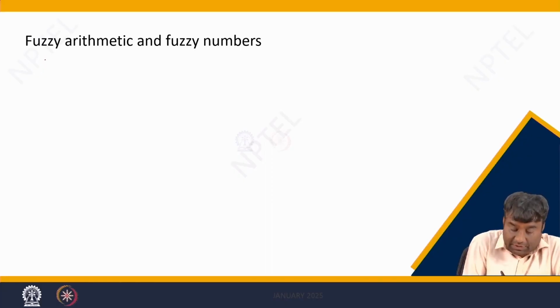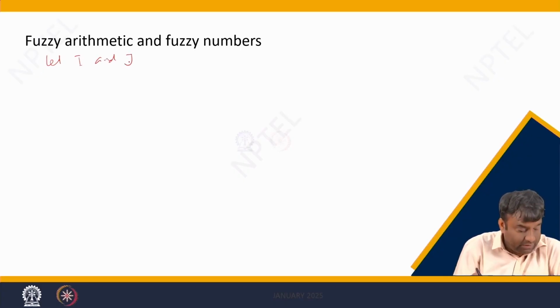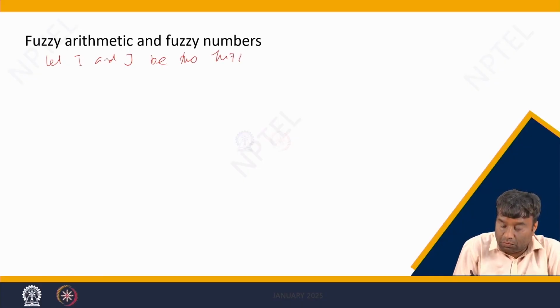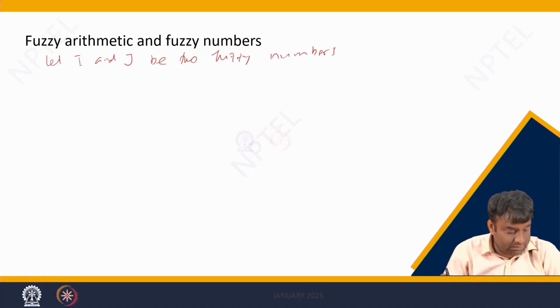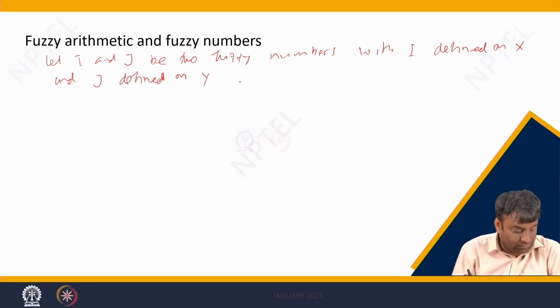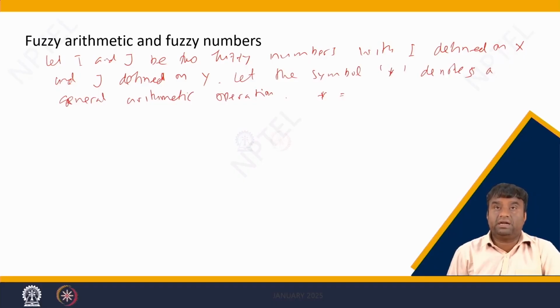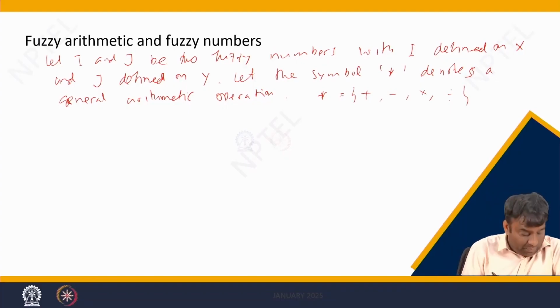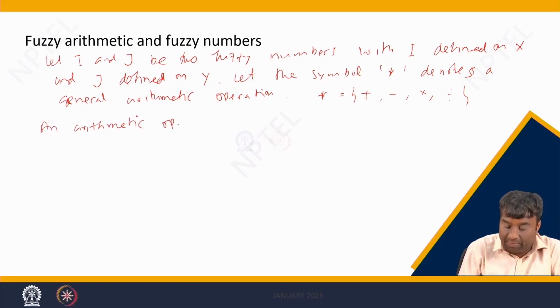Let A and B be two fuzzy numbers with A defined on X and B defined on Y. Let the symbol star denote a general arithmetic operation, so star is plus, minus, multiply, or division.